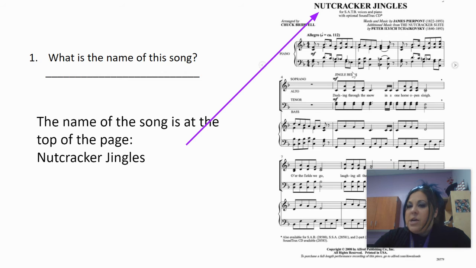They would mark it right here. Here's where Jingle Bells is. And then when we start singing Santa Claus is Coming to Town, they would put that right above, just like they did Jingle Bells, so that we can see, oh, this is where we start singing the next carol. But that's not the name of the whole song. The name of the whole song is here at the top of the page.